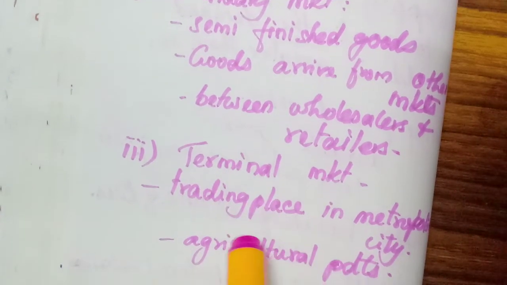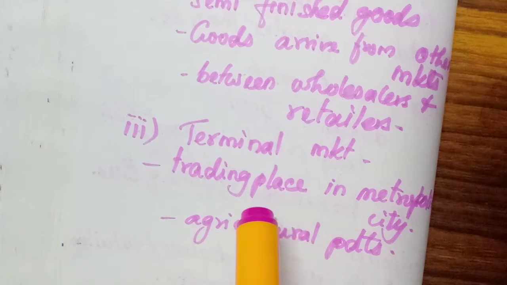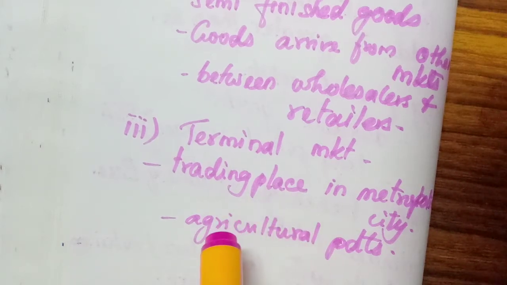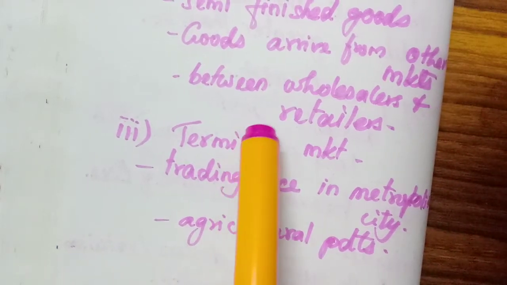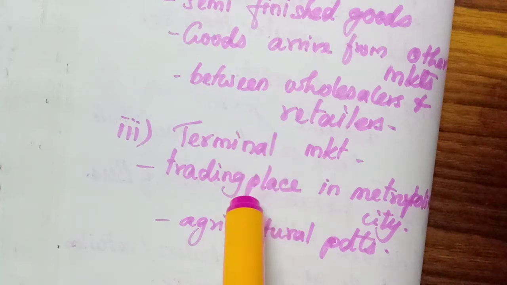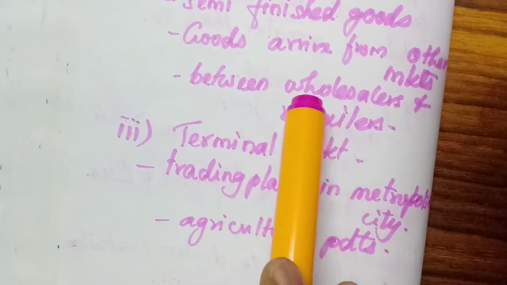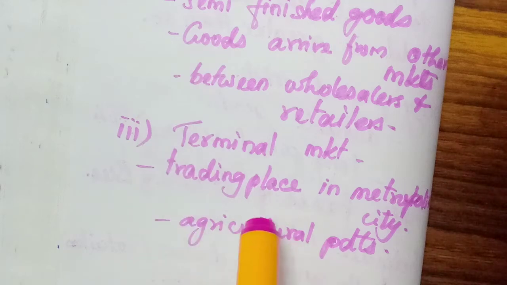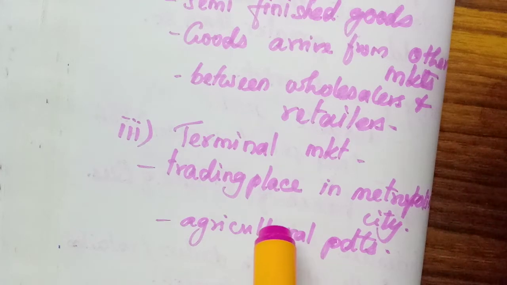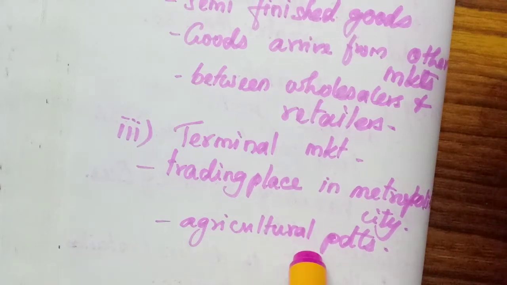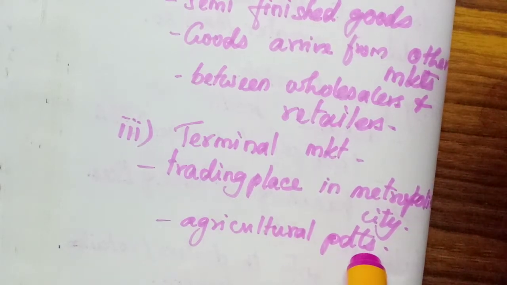Then the last one is the terminal market. Here you have to think about metropolitan cities, not villages. In the metropolitan cities, they will assemble and have one trading place for commodities, either agricultural products or other products.